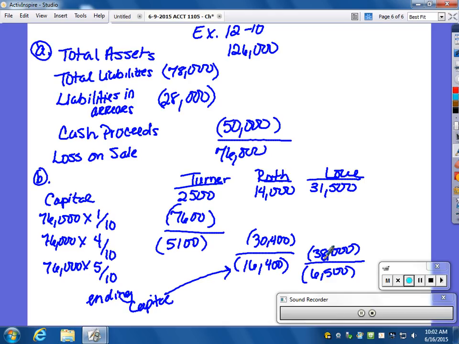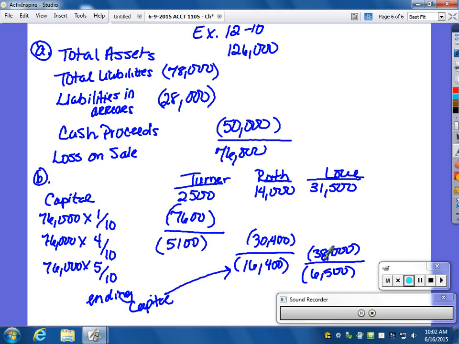However, what is happening with the limited partner? Remember how I just explained what general and limited mean? Who carries the bulk of the responsibility? The general partner. So wouldn't it be only fair that Lowe, since he is the limited partner, will not incur such a loss?